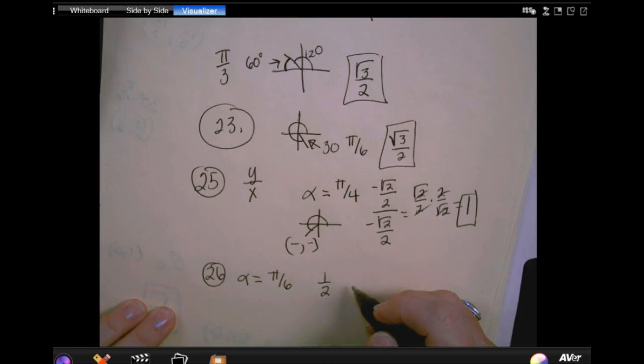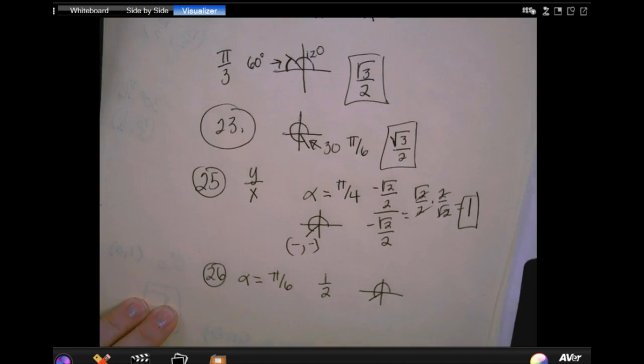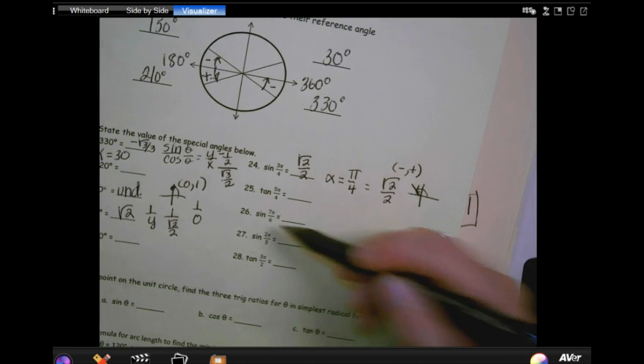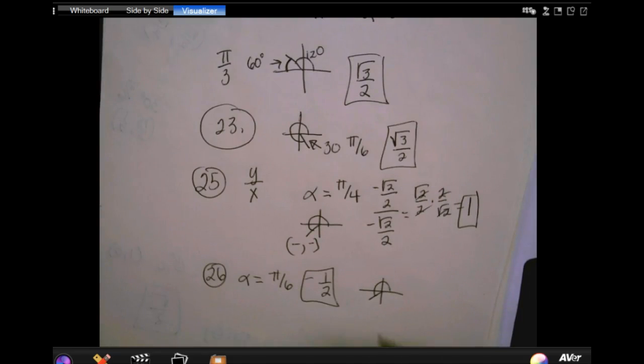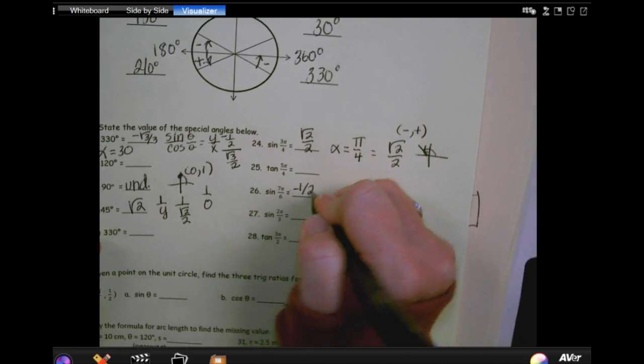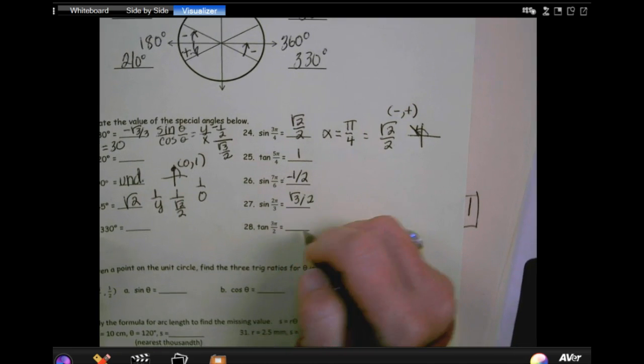So 7 times 30 is 210, which is over here, in the third quadrant. Is the sign positive or negative? Negative, so it's a negative half. Okay, so the values: this was negative a half. This was 1. You should get the square root of 3 over 2, and this one is undefined.